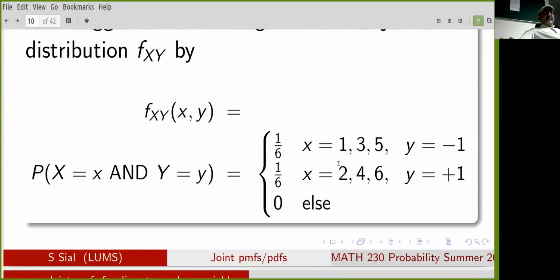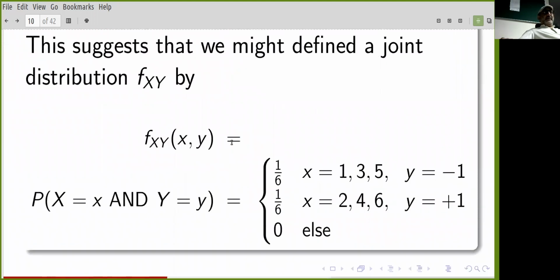Okay, so we call this the joint probability mass function, and if we write the PMF for x as f sub x, and we write the PMF for y as f sub y, then we write the joint PMF as f sub xy, and this defines the joint PMF that we just discussed.